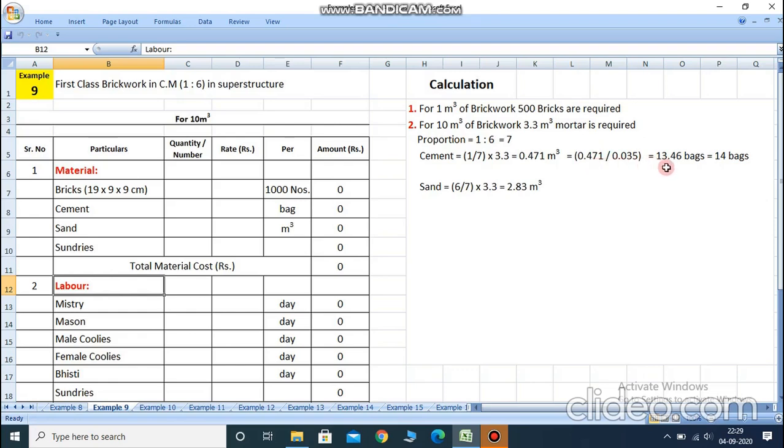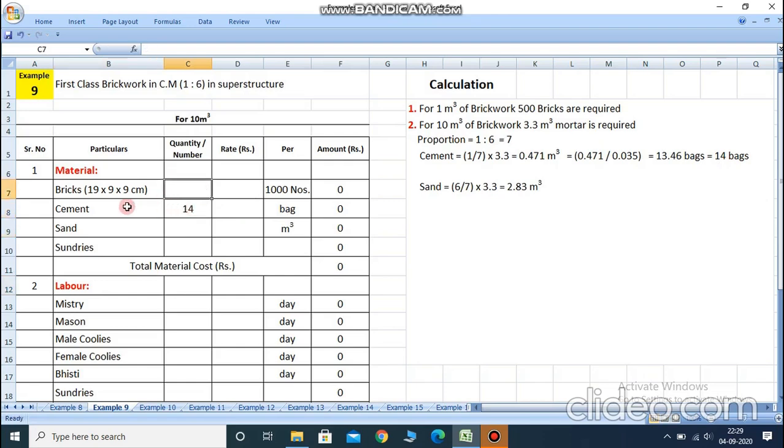So we got the answer 13.46 bags. In round figure we take 14 bags. So we write here that 14 cement bags are required.